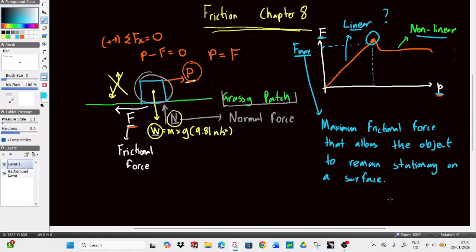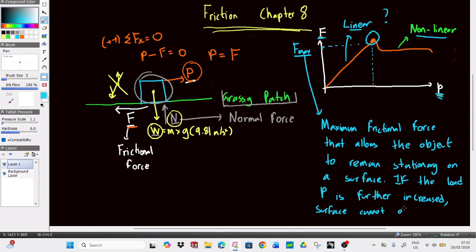And if the load P is further increased, if you keep on applying load P, you keep on adding load to it, then the surface cannot offer more frictional force.